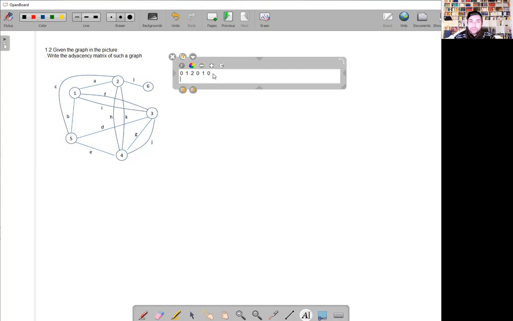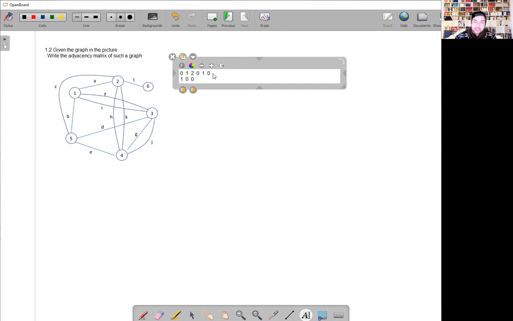And in the second row, we will count the links coming out from the node 2. So we have 1 link from 2 to 1. We don't have loops on 2, so the number is 0. We have 0 links to 3.